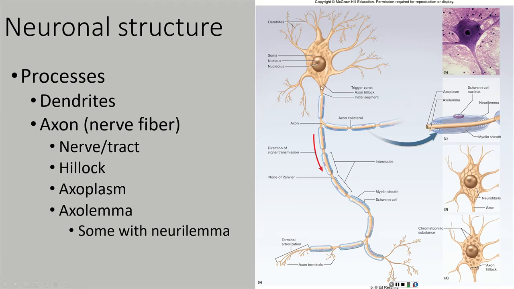The axon is going to take the electrical signal away from the cell body. So the flow of electricity goes in through the dendrites to the soma and out through the axon, and then that electrical signal travels down along the length of the axon.